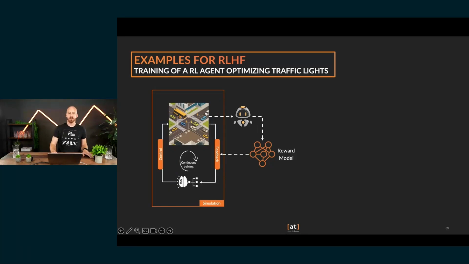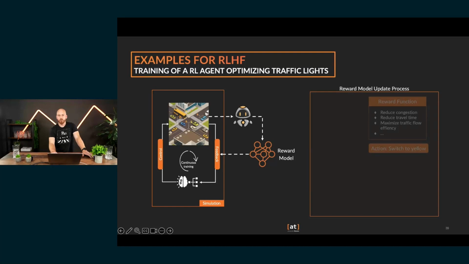You can think of it like this: the process is of course starting with the reward function. So when we train the reward model, we always have a reward function. In this case, we might want to reduce congestion, reduce traveling time, or maximize the traffic flow efficiency.